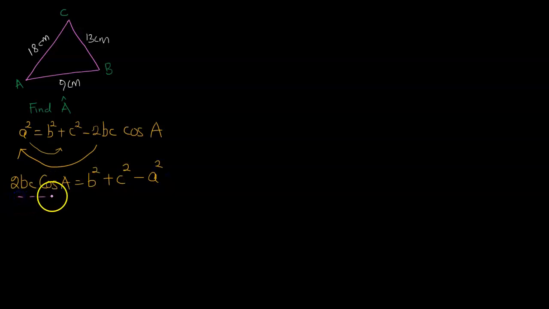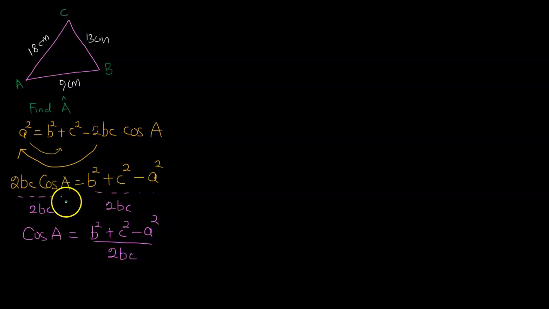Dividing both sides by 2bc, I'm going to get cos A is equal to B squared plus C squared minus A squared over 2bc. And I can as well rely on this approach to obtain the value of cos B. Of course, that's going to be A squared plus C squared minus B squared over 2ac.